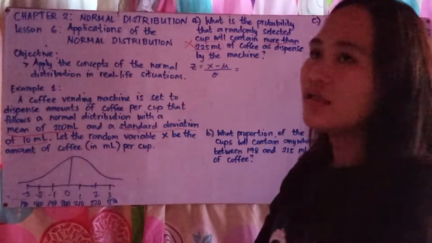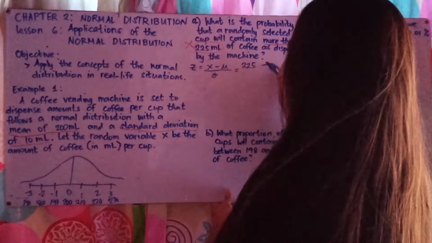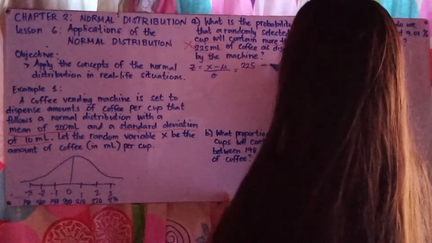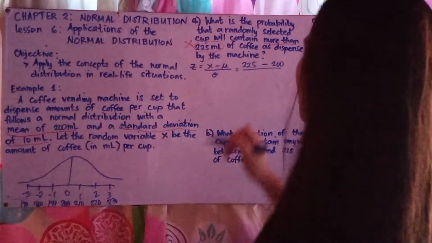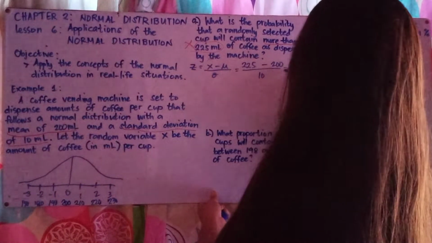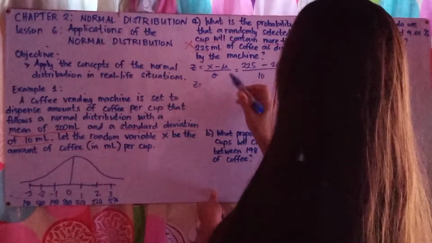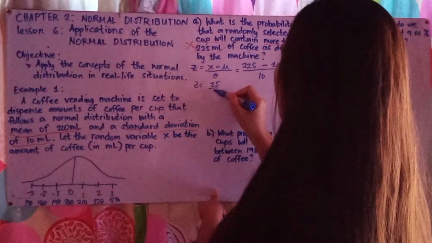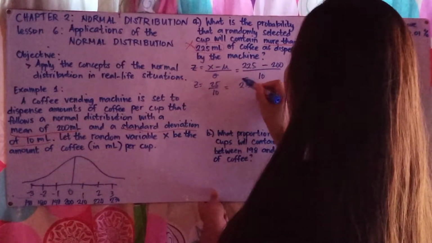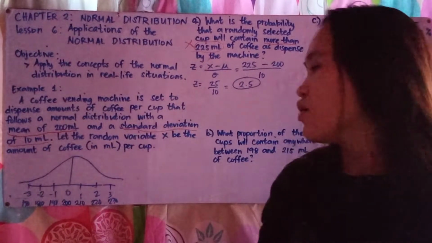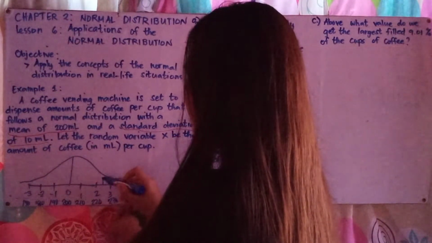The given x is 225 ml, minus the mean of 200, divided by the standard deviation of 10. So z equals 25 over 10, or 2.5. So our z is 2.5, which falls in between.